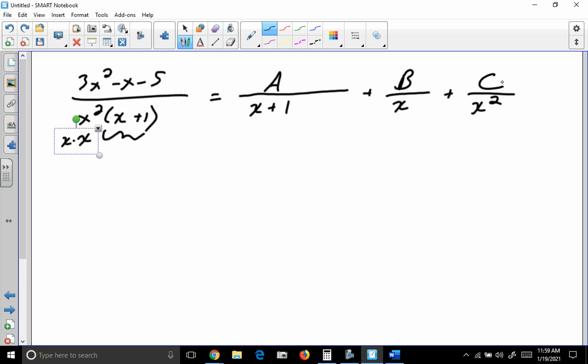So this is just a constant. This is just the rule when we have repeated factors. If we have the same factors of power, we need that power and each lower power till we get down to 1, a constant on top of each one of those.